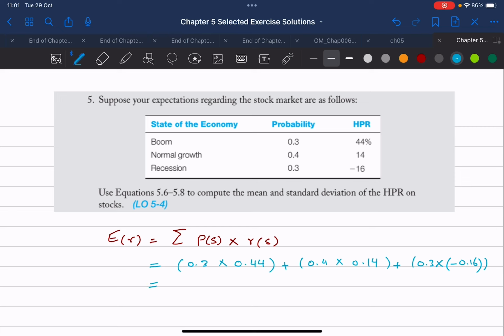And then all we need to do is just run the numbers in a calculator. So the first bracket, 0.3 multiplied by 0.44.